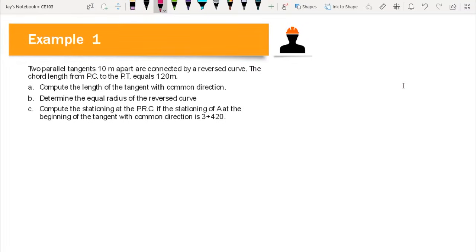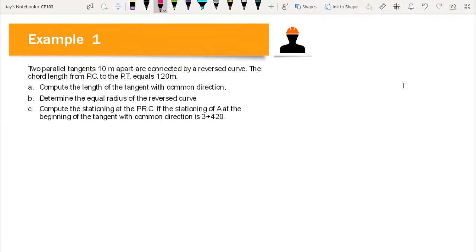We have this first example here. We have two parallel tangents 10 meters apart connected by a reversed curve. The chord length from PC to PT equals 120 meters. Letter A: compute the length of the tangent with common directions. The second question: determine the equal radius of the reversed curve.